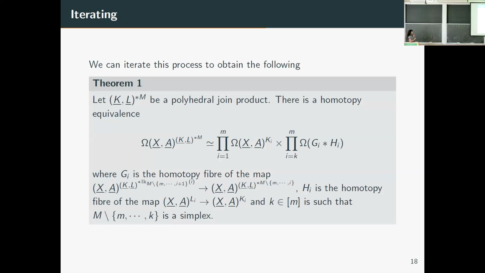Iterating that process, we obtain our first main result, which is that there is a homotopy equivalence between loops on the polyhedral product associated with the polyhedral join product, and this product of loops on the polyhedral products associated with the Ki's, and this product here of joins of fibers, where Gi is defined inductively as the homotopy fiber of including the polyhedral product on the polyhedral join product of this deleted link into the polyhedral product on the polyhedral join product of this restriction, and Hi is the homotopy fiber of these maps going from the polyhedral product on Li into the polyhedral product on Ki.